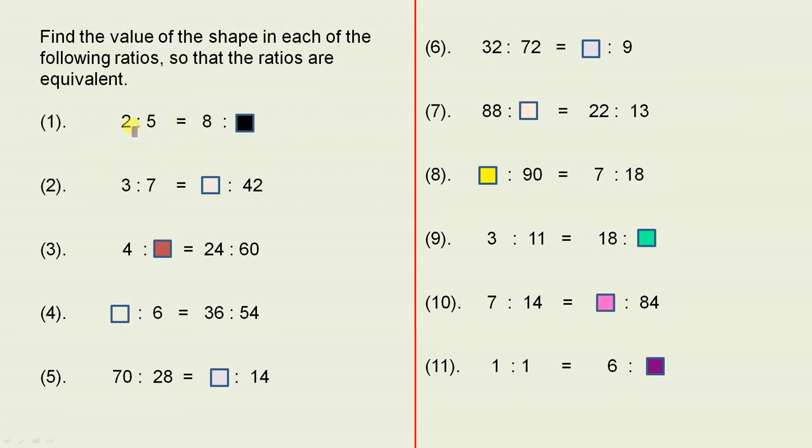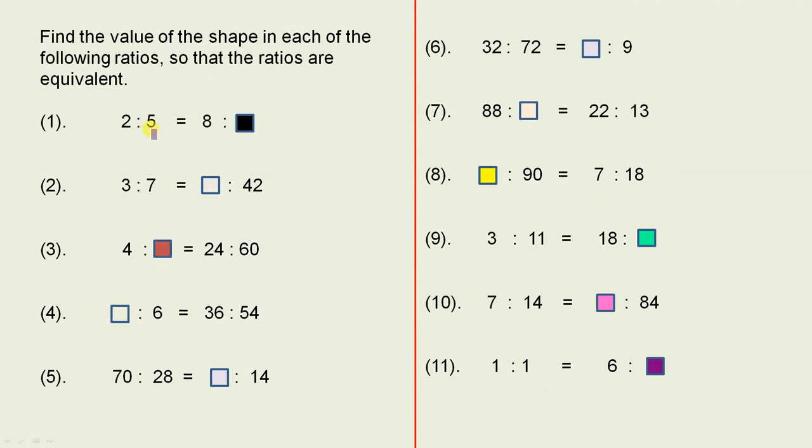Let's quickly have a look at the first one. If we looked at the lesson and remembered what went on, we would have seen that you focus on the 2 and the 8, for example, because they're both first and they're both numbers. What did we do to the 2 to arrive at the 8? Well, we multiplied it by 4.